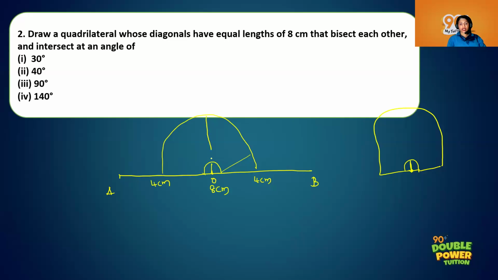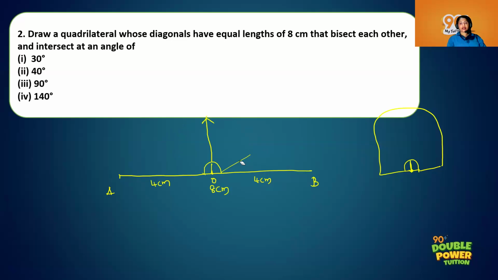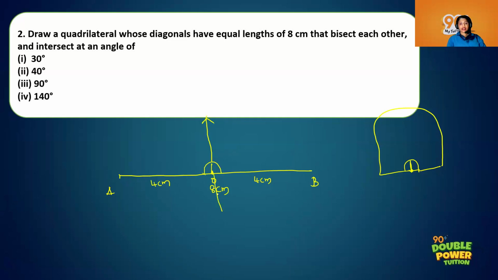Here I ask you to draw 90 degree. It will be somewhere here. Erase the rest. It looks somewhat like this, a straight line. Similarly, extend this line as much as you can. Now do these things.